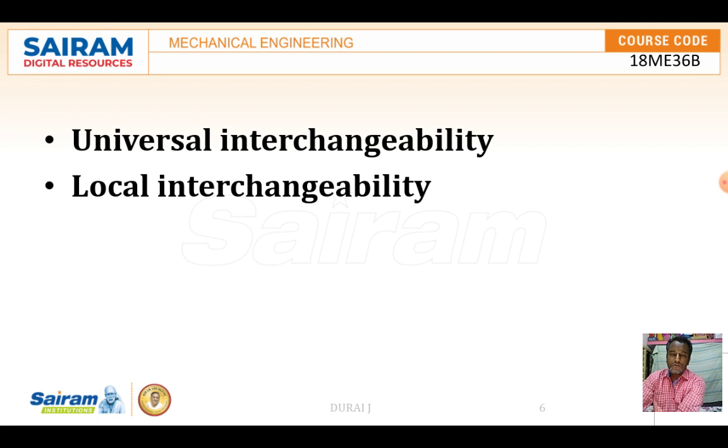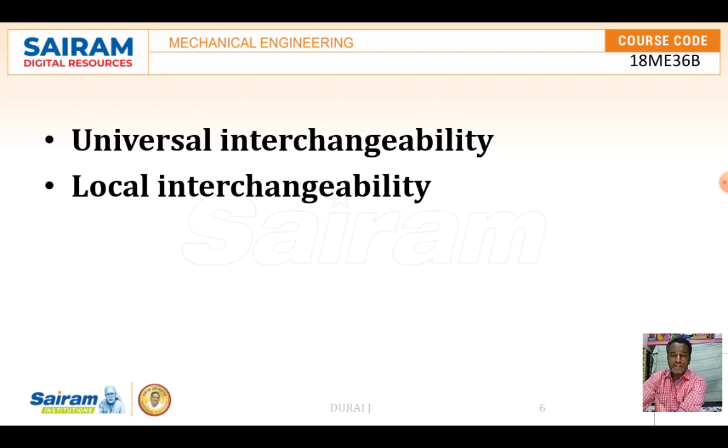Why? Because if those components are manufactured in the same industry, they get a loss. Okay, so they give them to the suppliers. From the suppliers they get some components, so we can say that is universal interchangeability.